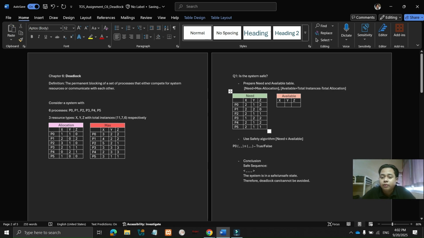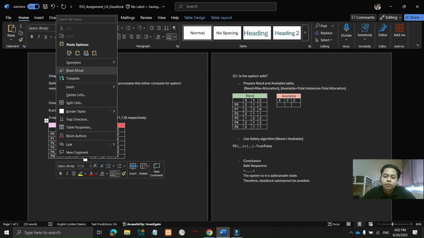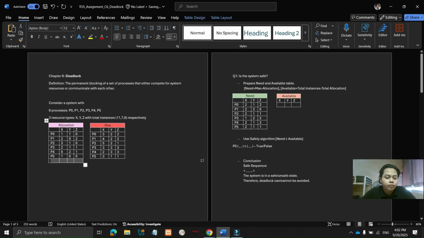Now we proceed to the available table, which equals total instances minus total allocation. The total instances are 11, 7, 6, and the total allocation by resource type is 9, 5, and 4.